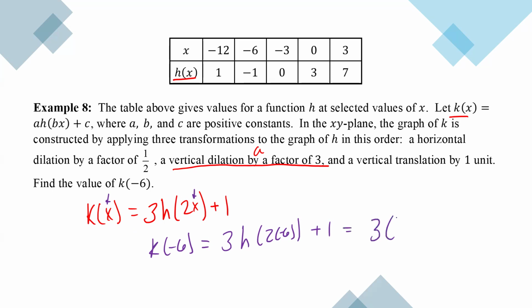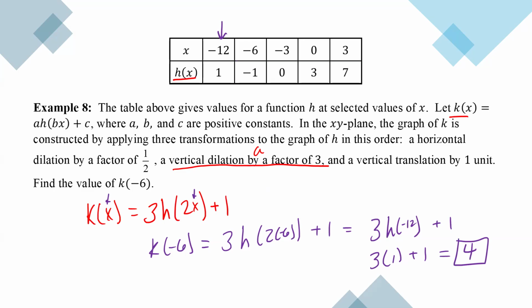So we have 3, and we're looking for h of -12, plus 1. Is the value for h of -12 on our table? Yes. What is the value of h of -12? What's its output? Where h of -12 is, I'm now going to write a 1. So our final answer would be 4.